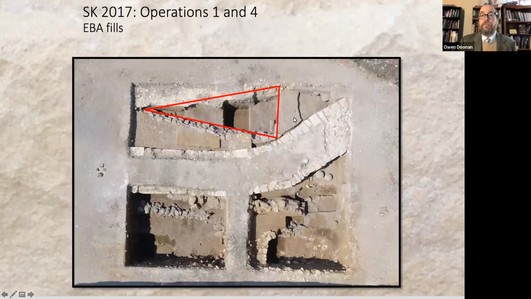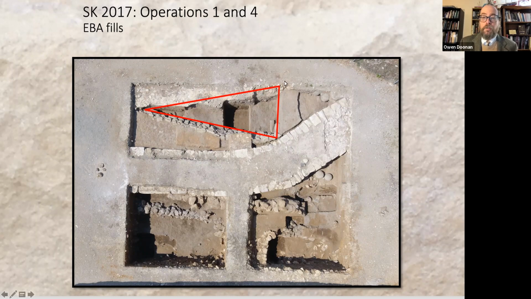A small sliver of Operations 1 and 4, you see this little triangle here, yielded very clean finds that tended to not include a lot of historical things, not including the classical and Hellenistic pottery that we were finding in other parts of the site.